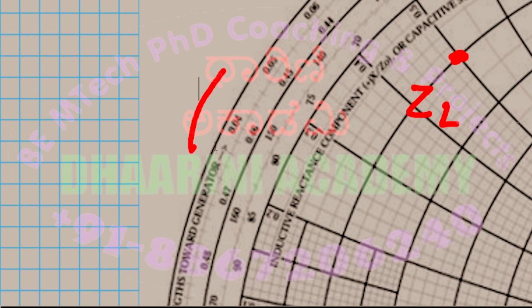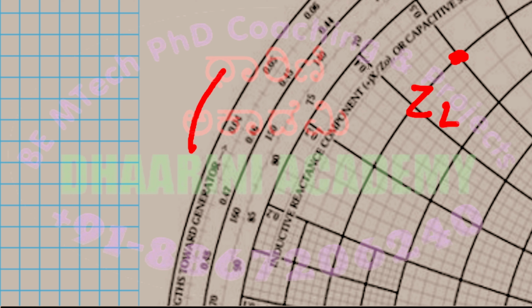So can you see? It's written "wavelength towards generator," and I can see that the arrow mark is this way. If I move clockwise, that means I am moving towards the generator, and the numbers written here, 0.04, 0.05, 0.06, are increasing.